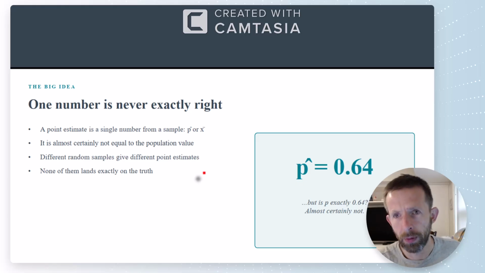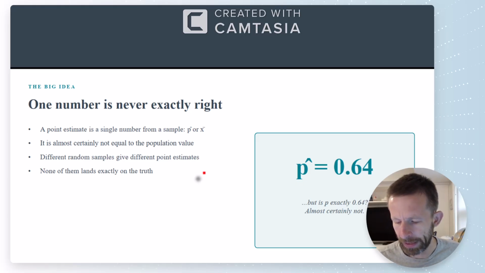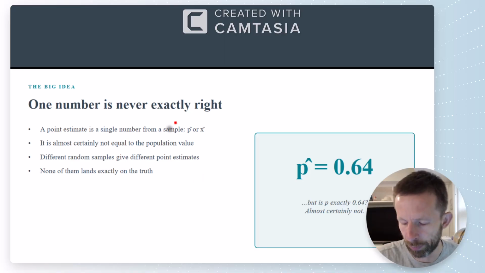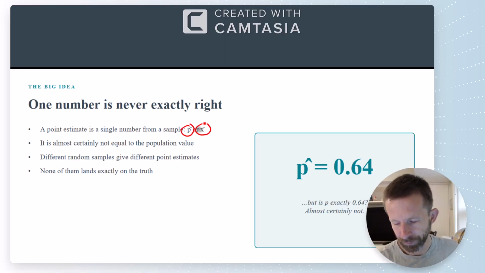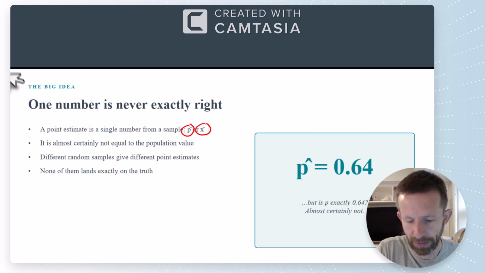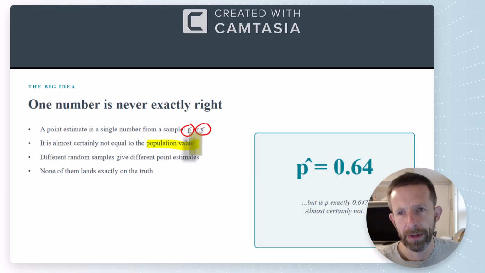When you collect some data, you will get some sort of single number from a sample. So for example, if you're looking for a proportion of a population, you will get a sample proportion, or a sample mean. Now, the sample data, that number that you get, is almost certainly not the same as the population value, the population parameter.